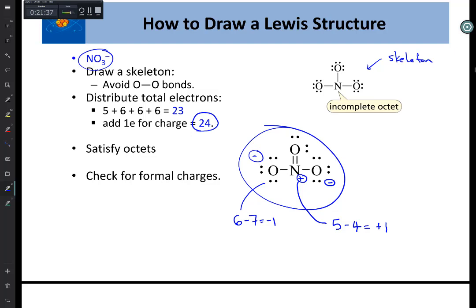Now there are resonance structures to nitrate. Resonance structures exist anytime you can make the double bond from another atom. It doesn't have to be an oxygen. It could be something else with a lone pair on it. So one of the resonance structures would look like this. I won't draw everything, but it'll look like this. And the other resonance structure will look like this.